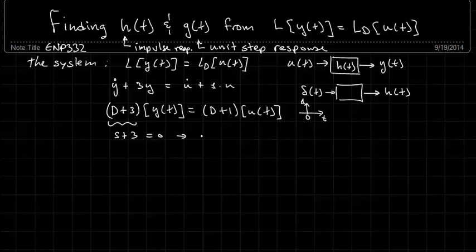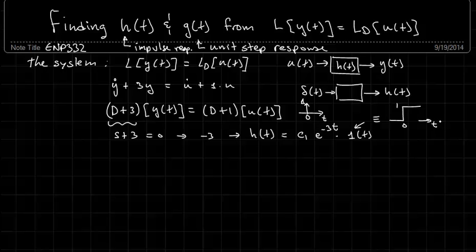And so we have a root at minus 3, which gives us a homogeneous response, which will be the impulse response as well, of some constant times e to the minus 3t times the unit step. So this right here is my unit step, 1 for all time greater than 0. This C1 is unknown. This is what we need to find.